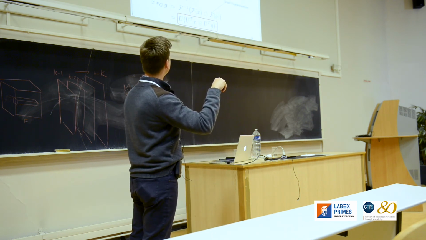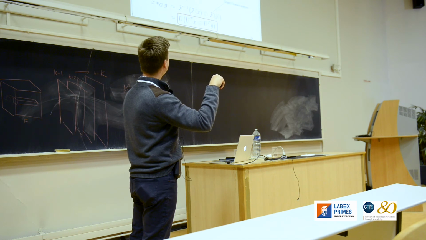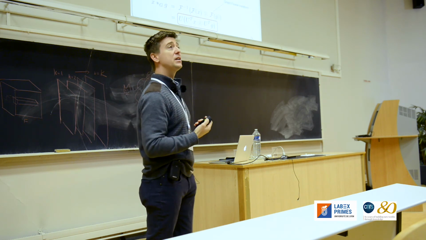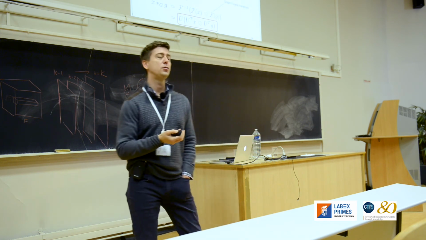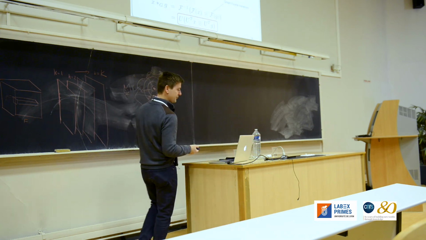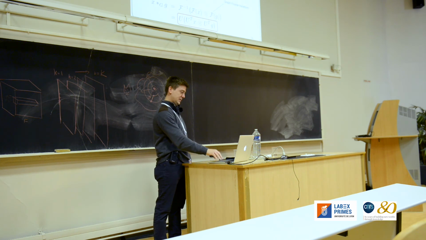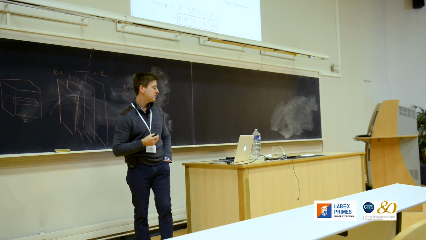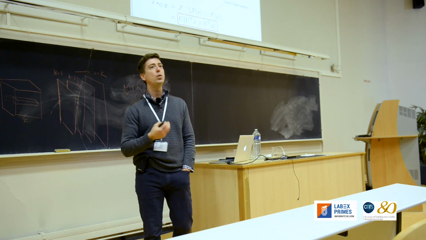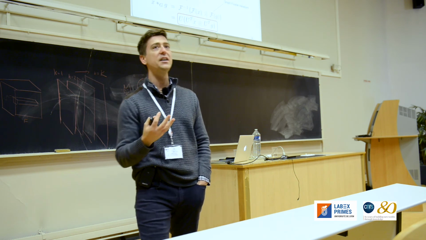And U transpose X is what we call the spectral, the graph Fourier transform. This is a nice mathematical equation, but intuitively, what is going on here?